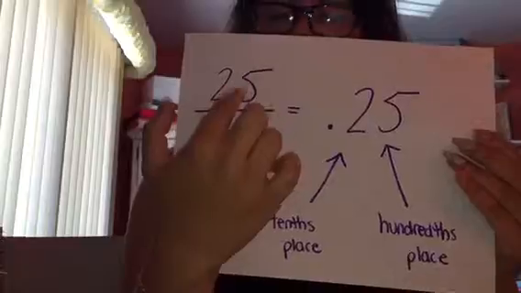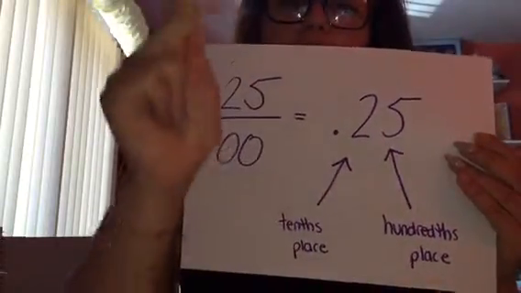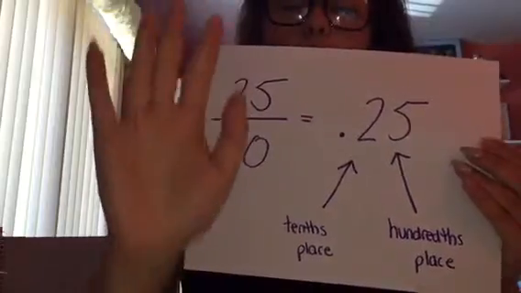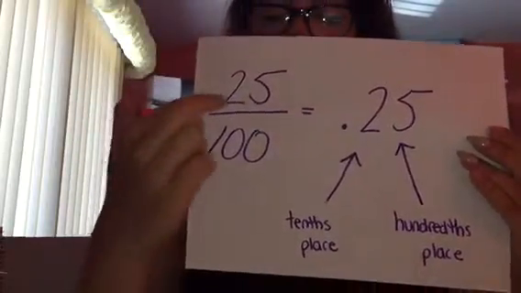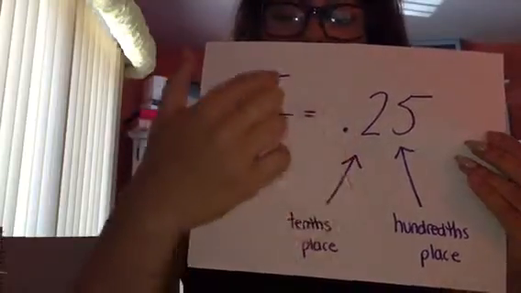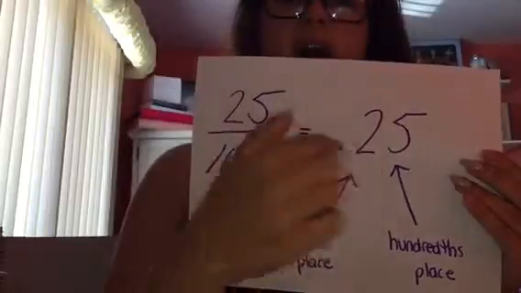The 5 goes all the way over to the hundredths place because there are 1, 2, 3, 4, 5 ones, plus 20 equals 25. So the 2 goes over to the tenths and the 5 goes over to the hundredths to show that there are 25 out of 100.